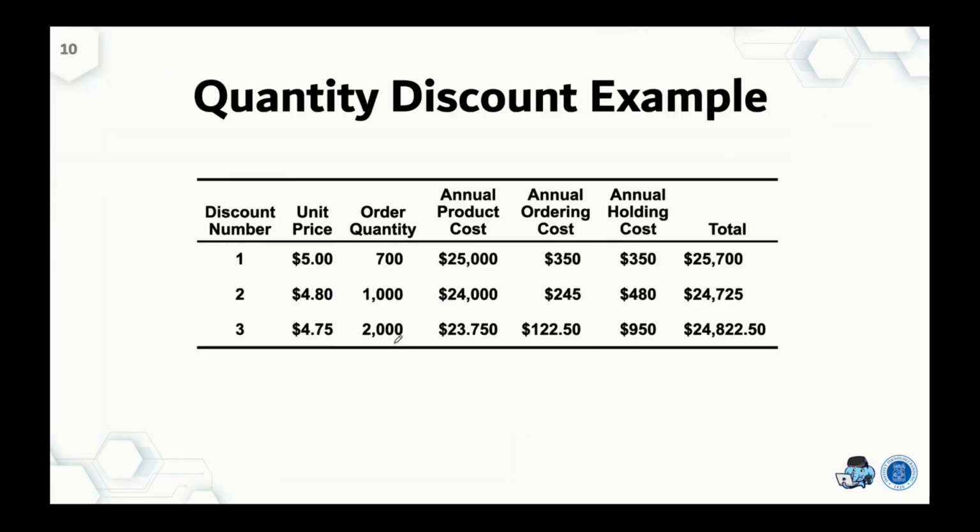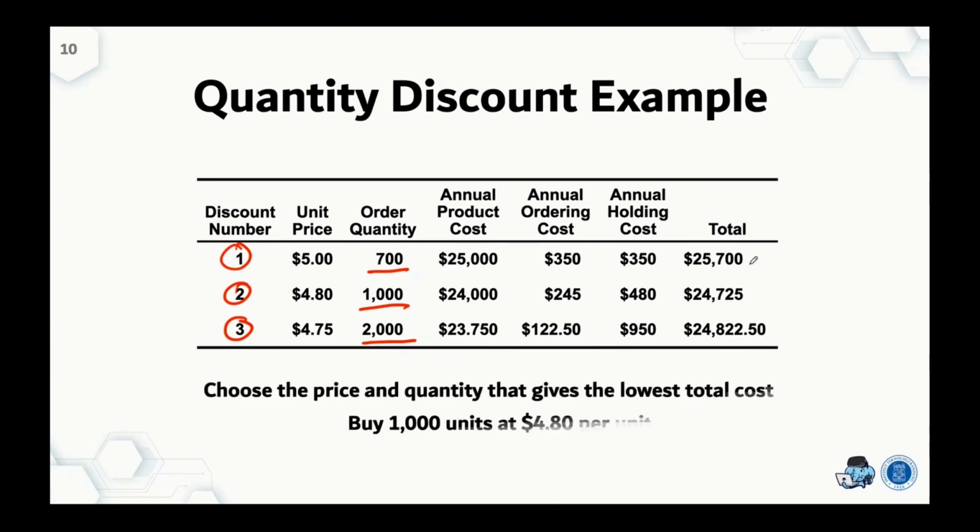Okay. Based on this, for discount number 1, discount number 2, and discount number 3, we get the order quantities 700, 1000, and 2000. We should calculate the total cost for each, and it turned out that discount number 2 has the lowest cost among the others.